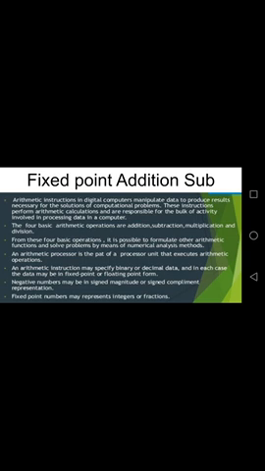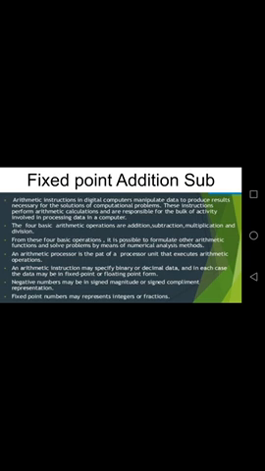So it is very important to know how arithmetic operations are performed or executed within the computer.